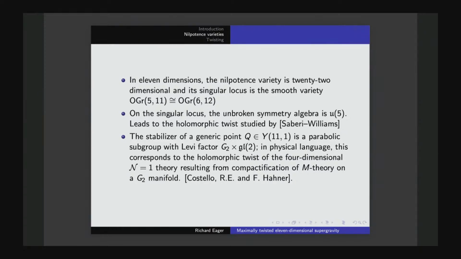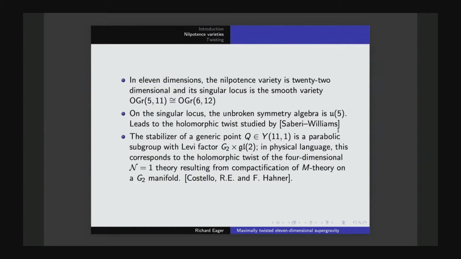On the singular locus, the unbroken symmetry algebra is U(5), and it leads to a twist that is holomorphic in, say, 5 complex dimensions and topological in 1. So it's this holomorphic twist studied by Barry Williams, and I hope Brian will be talking about this in his talk later this week.